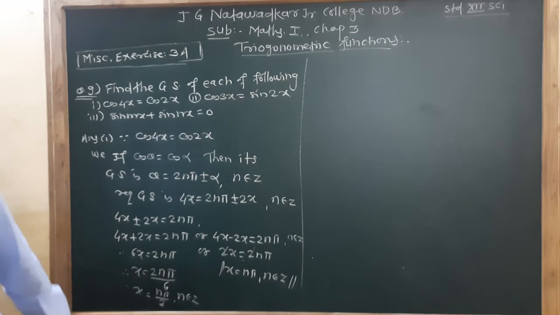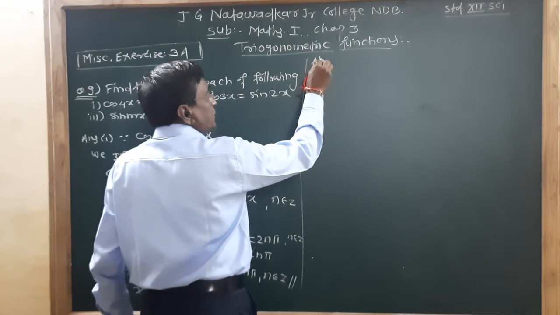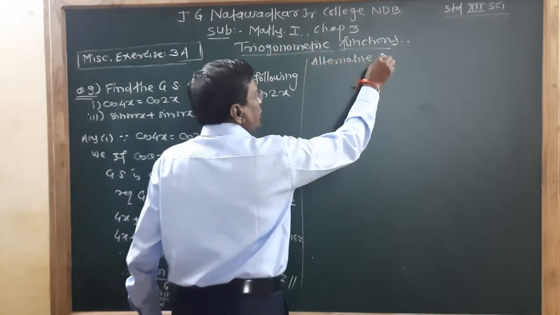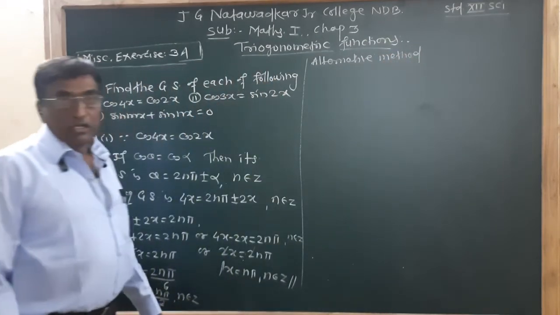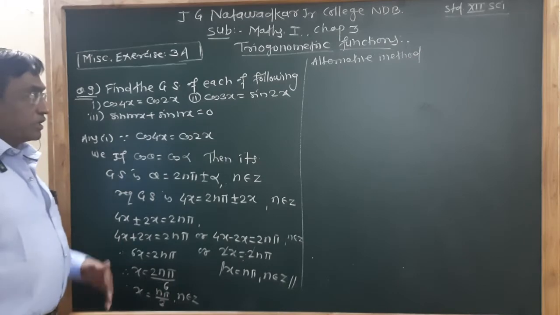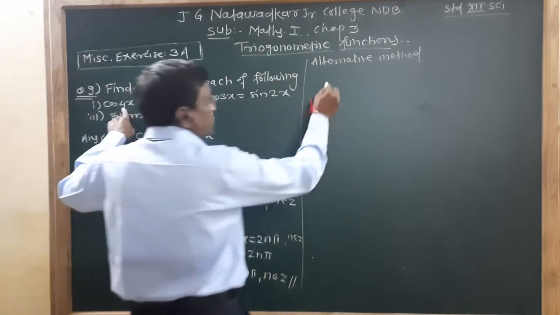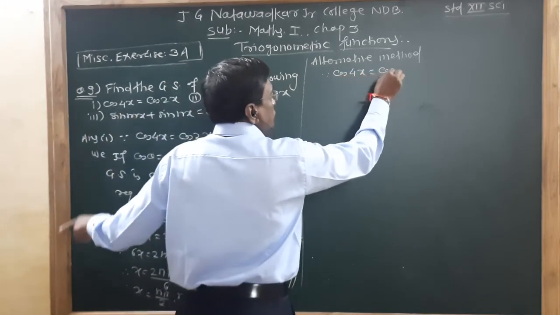The alternative method is this. You know the formulas for sin C plus sin D, sin C minus sin D, cos C plus cos D, cos C minus cos D. We are given the equation cos 4x is equal to cos 2x.